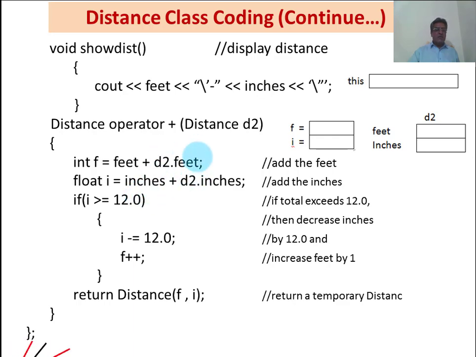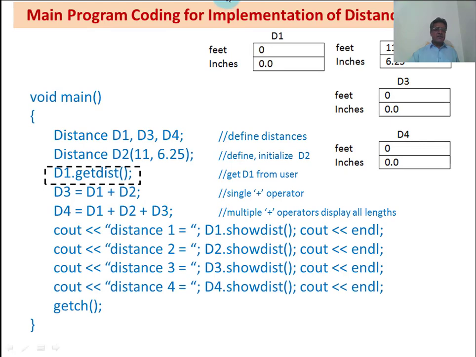What is the main program which will activate this class's functions and create objects? We see the coding of that main program. This is our main program coding for implementation of the distance class. Void main. This is our distance class, and here we are declaring three objects d1, d3 and d4.